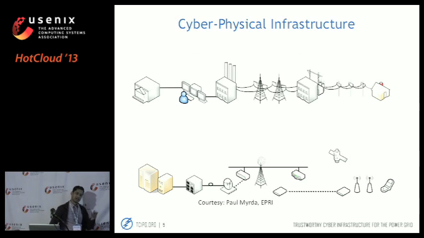So what we saw is that the power infrastructure is about generation, transmission, and distribution. But more than the physical infrastructure, there's also a cyber component to this. So essentially, it's a very tightly woven cyber-physical infrastructure. The electrical infrastructure is monitored and controlled using cyber components, and that's been the case for almost half a century now.